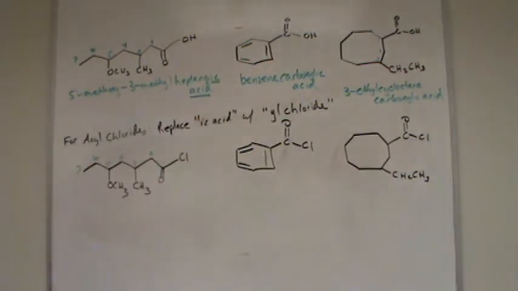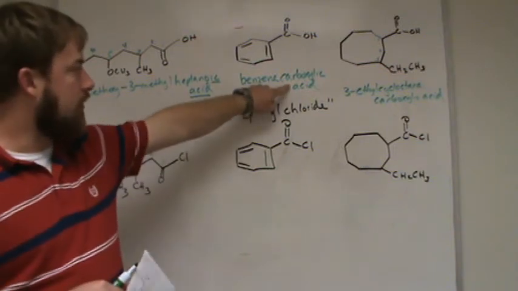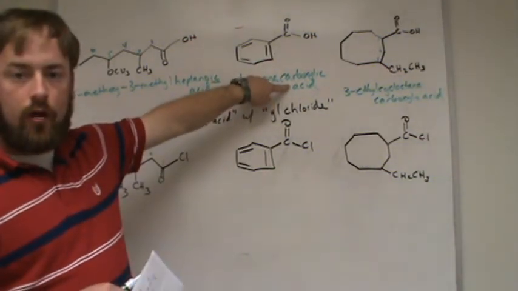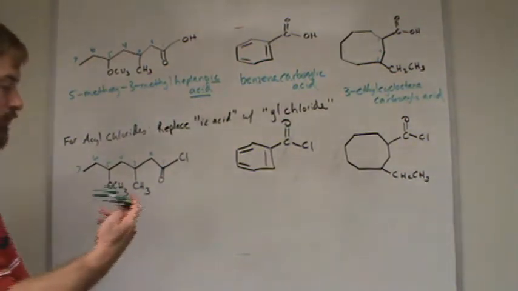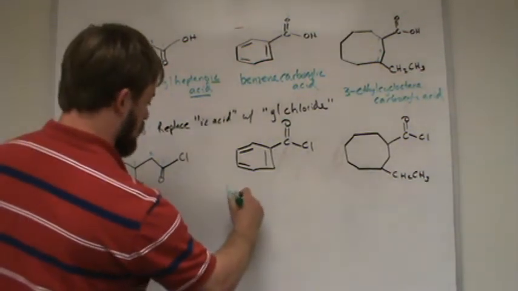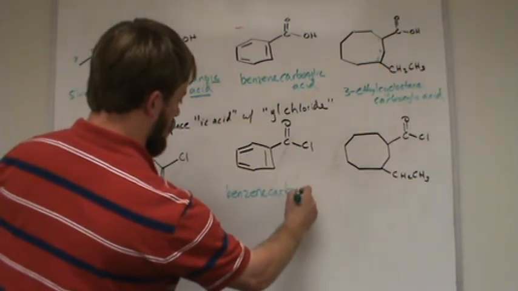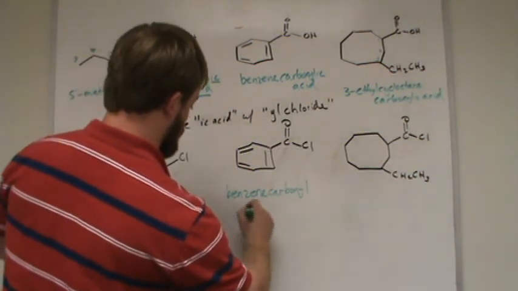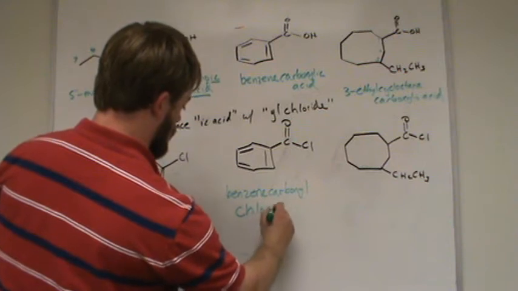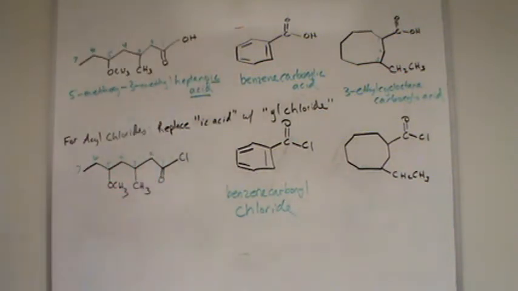Okay? So instead of the carboxylic acid, we're just going to say carbonyl chloride. So benzene carbonyl chloride. Okay. Take a second and try and name the last one.